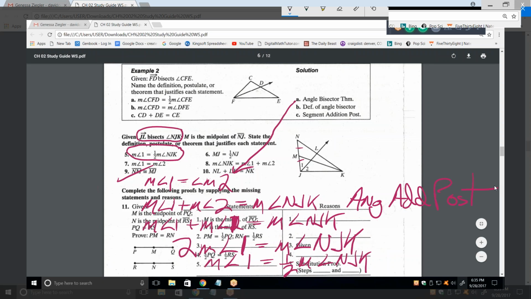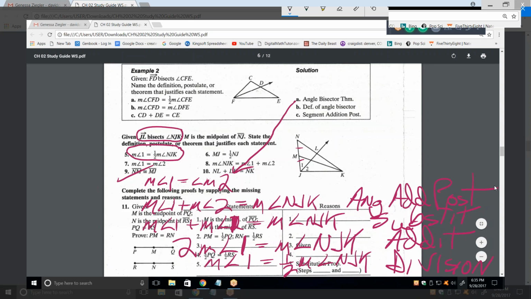The third one comes from substitution. The fourth one comes from addition, and the fifth one comes from division. See how I got there? And I think you need all 5 of those if I was doing a 2-column proof.